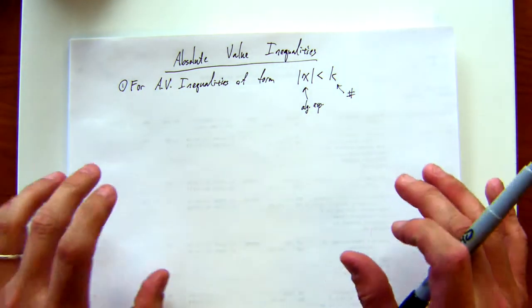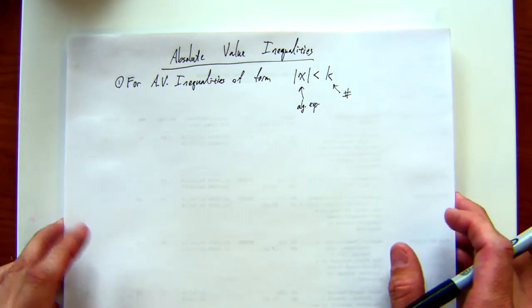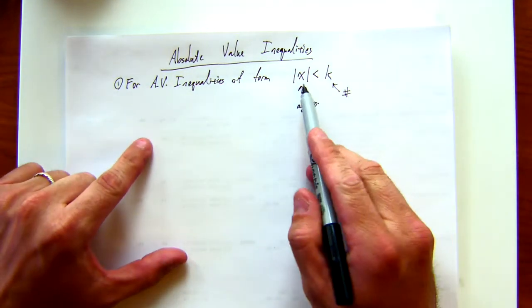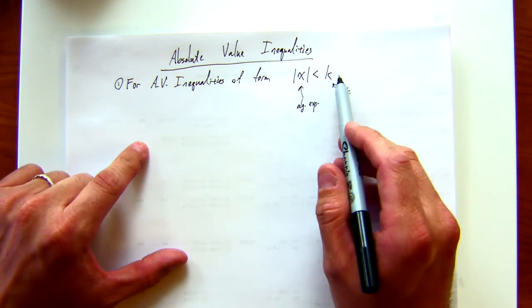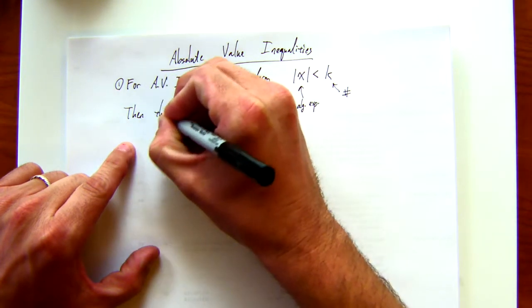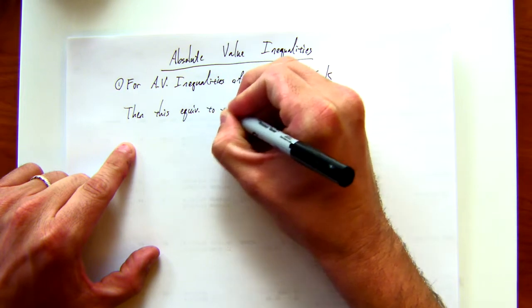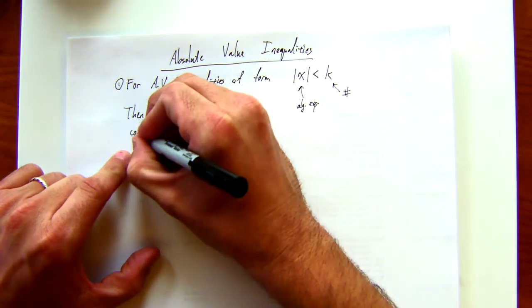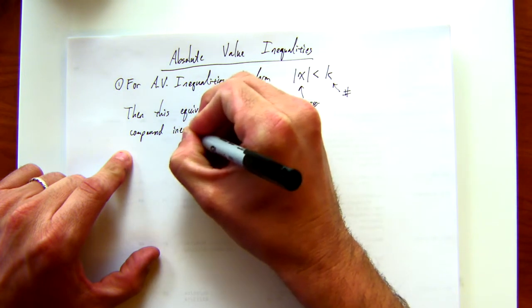We're going to do the same thing with an inequality, but we have to be a little bit more careful with our language. Okay? If the absolute value of an expression is less than a number, then this is equivalent to the compound inequality.